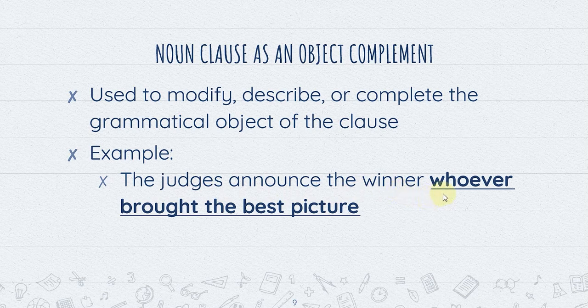Now the noun clause starts from "whoever" until "best picture", and the function of this noun clause is to give additional description or explanation about the object of the sentence, which is "the winner".